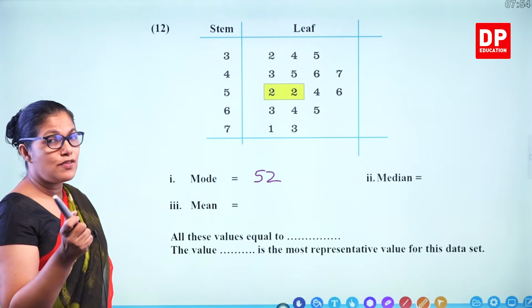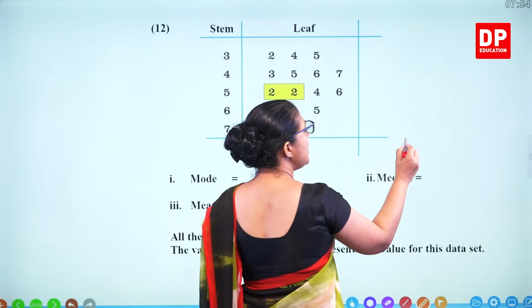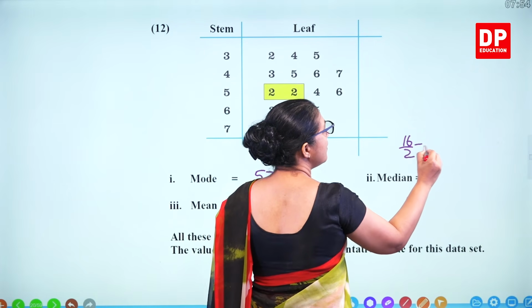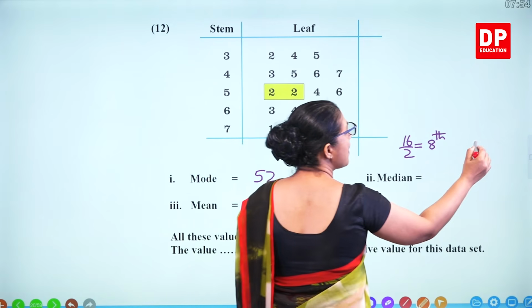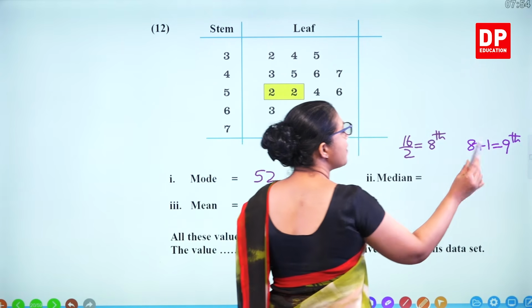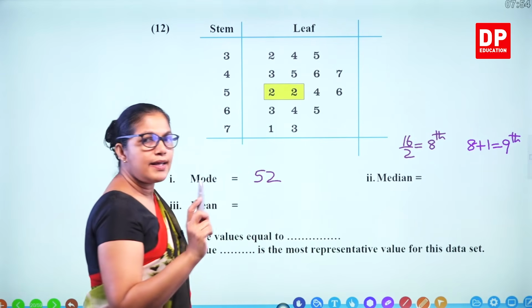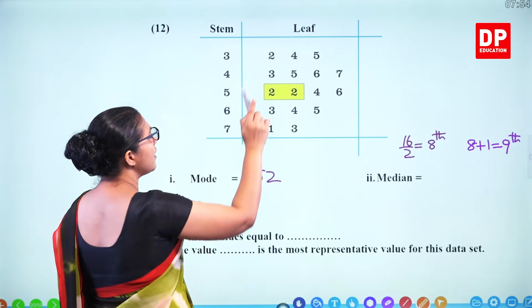Even number. That means 2 middle numbers are there. So 16 divided by 2. That means 8th one. Then 8 plus 1. That's 9th one. So you take the average of 8th and 9th. So we'll count. This is in ascending order. So you can count like this.